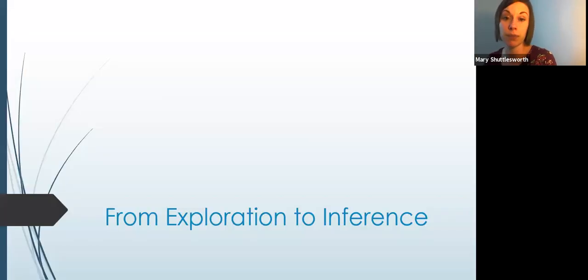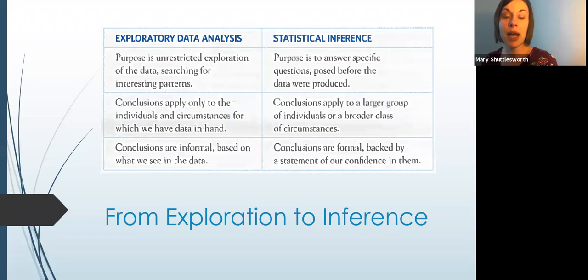So you'll see that when we're looking at this movement from exploration to inference, in the exploratory data analysis phase, we're really just looking for things that stand out, looking for interesting patterns, looking for some informal conclusions based on just what we see in the data. So looking at it and trying to make sense of it.